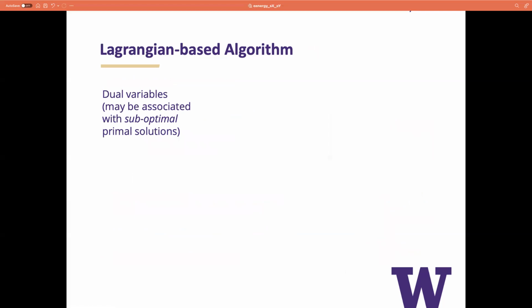So this gives us the Lagrangian-based algorithm. We start from the dual variables associated with the balance constraint, which may be associated with some suboptimal solution. And then we use these dual variables to form the partial Lagrangian.